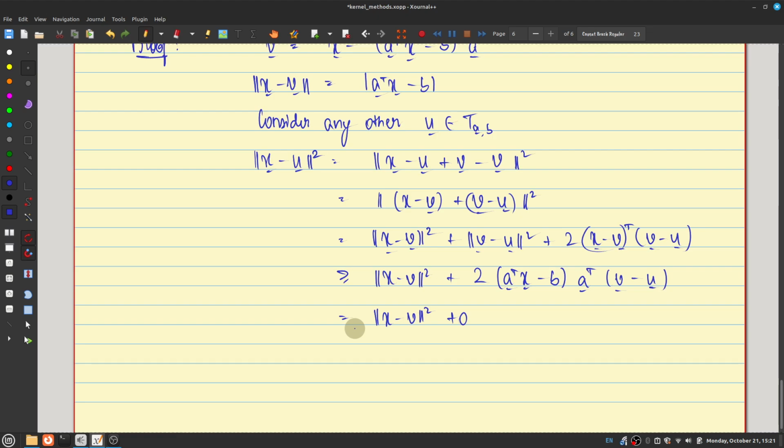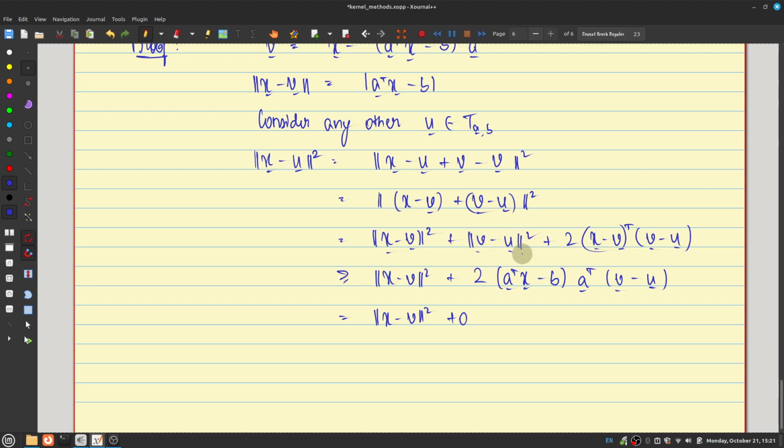What do you mean the projection vector is unique? The point onto which it is projected. Yes. If I pick any other U, then it's strictly greater.